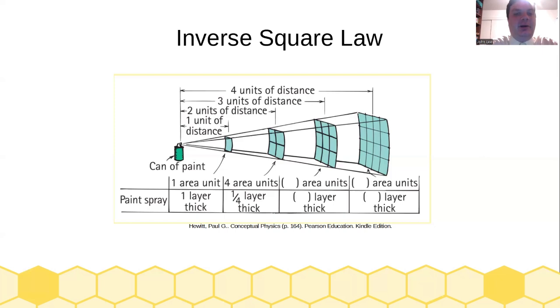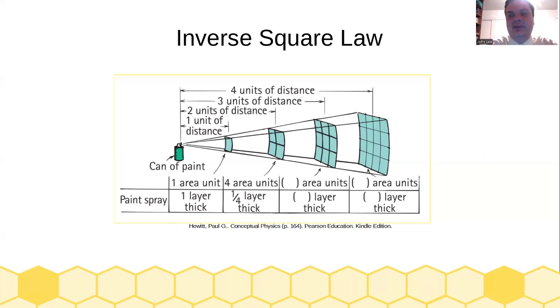Basically, the inverse square law states that as you go twice as far away, you're going to have 1/2 squared the amount of force. Whereas if you go 3 times as far away, you're going to have 1/3 squared, equals 1/9, the amount of force. And as you go farther and farther, as you go 4 units away, it's 1/16.